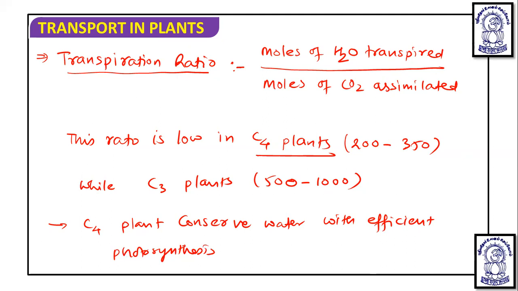And we will discuss in photosynthesis that CAM plants have a minimum transpiration ratio, that is 50 to 100. Okay, so this is what is seen in the case of the transpiration ratio. In xerophytes, obviously they have sunken stomata and they minimize the loss of water.